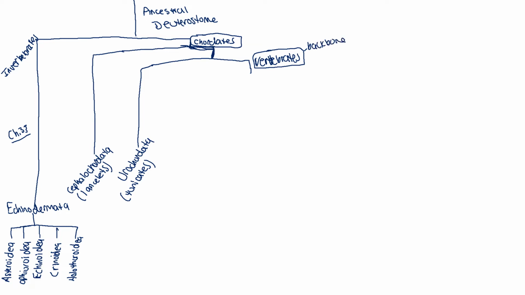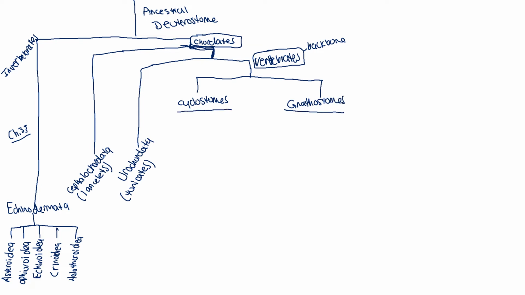Okay, so we have the large group of vertebrates. And again, these are going to have a backbone. So let's divide those into 2 sister groups: the cyclostomes and the gnathostomes.